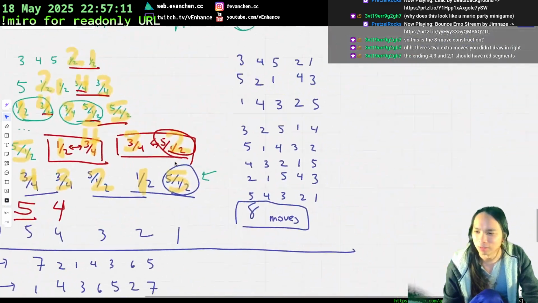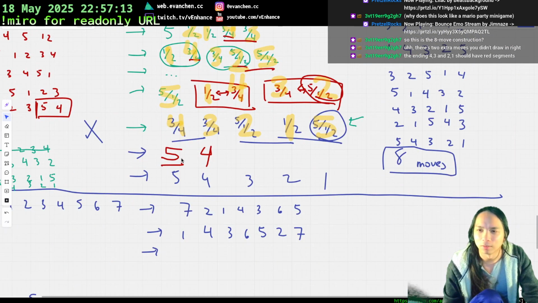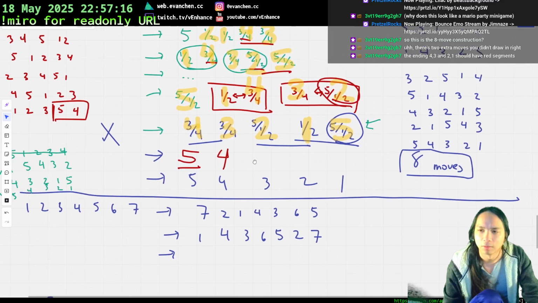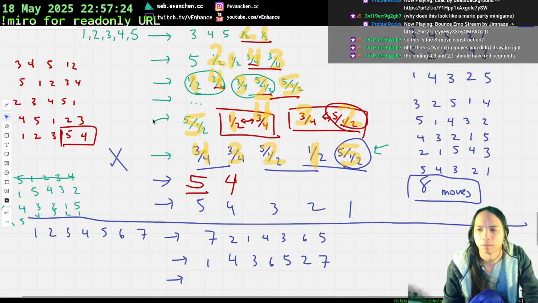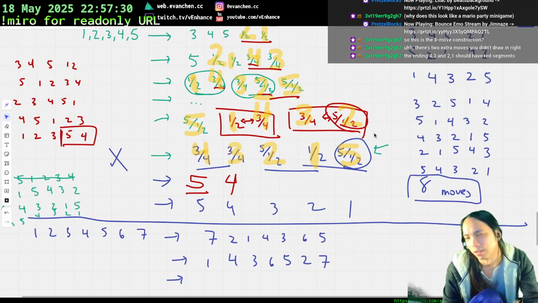What was the end state I was trying to get to? 4, 3, 2, 1, 5. There's a valid end state, right? Oh no, this is not a valid end state. Hang on. Oh my god, I'm so dumb.